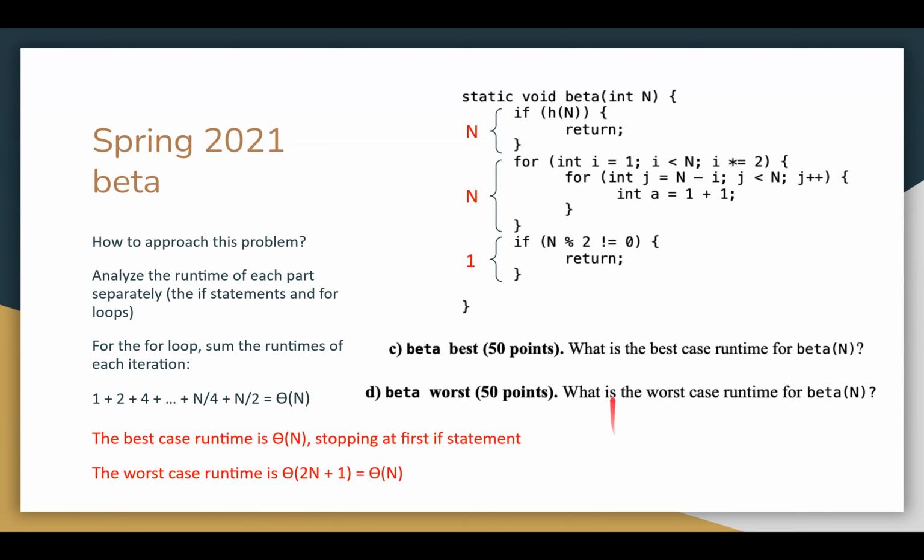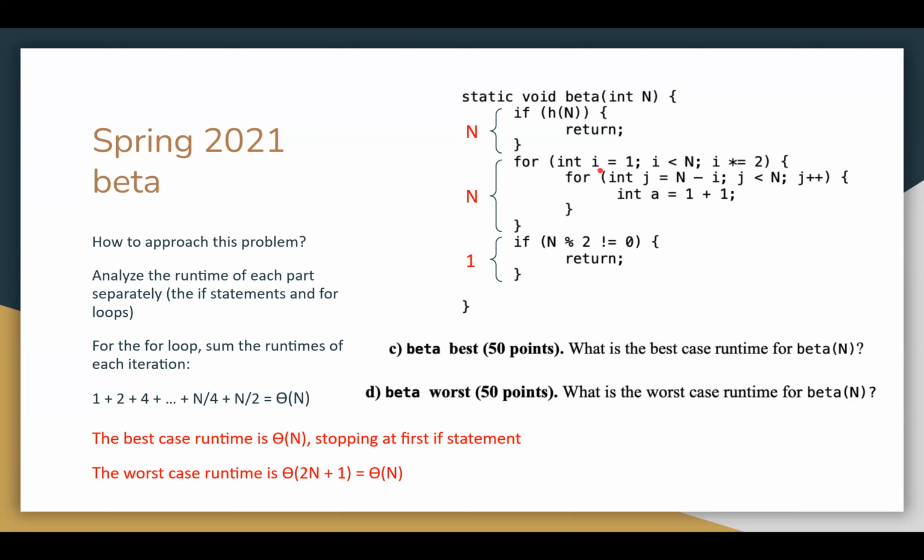Our I value, every single time it doubles, right? So that's the outer for loop. And our inner for loop depends on the I value here. So if our I is equal to 1, our j will loop through I minus 1, and then I doubles, right?